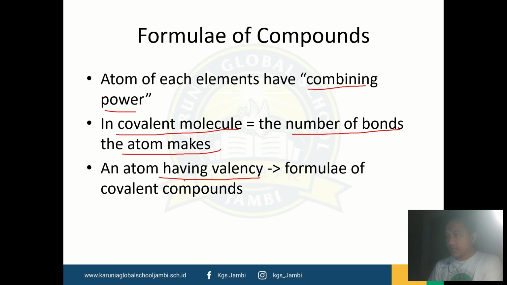So these valency numbers will then determine the formula of the covalent compounds. Okay, now this valency number is the one that we need to remember the pattern. Yeah. So this is valency.